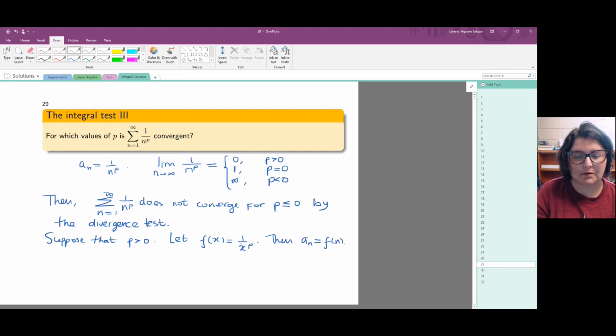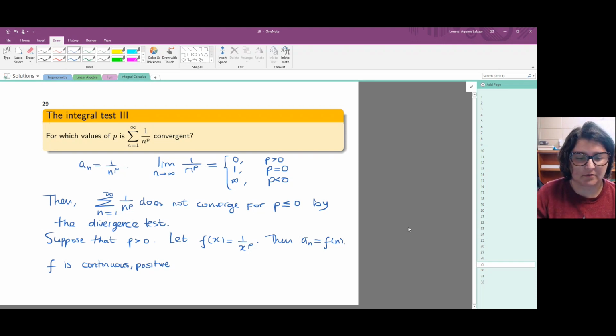And this function f that we have here is a function that is very nice as long as we stay away from 0. And we are staying away from 0 because we're starting with n equals 1. So the function we have is nice, and what we mean by nice is continuous. It's also positive as long as x is positive. And the function is decreasing.